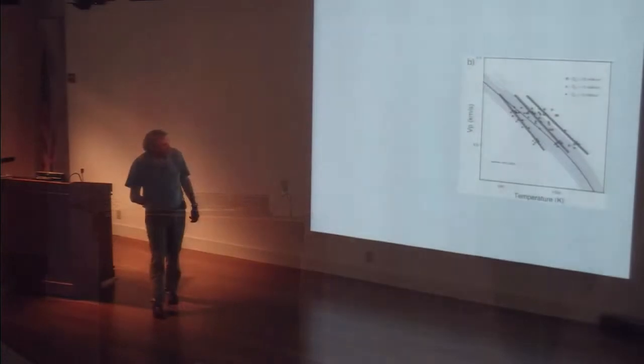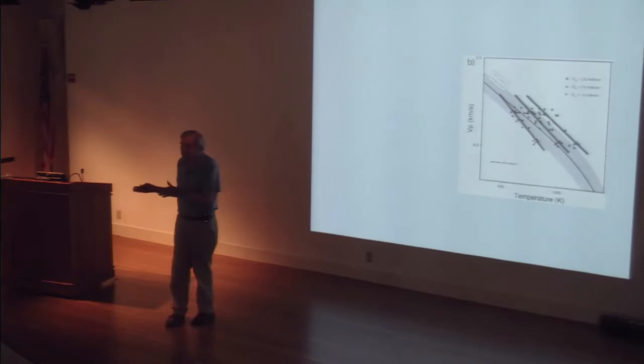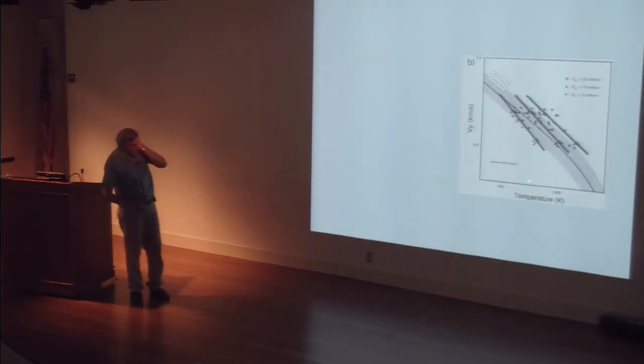Okay, so we can compare this now to a compositional model. If we take an off-craton model with the off-craton composition, which we took from Roberta, we have some variations in the elastic properties that we account for. That's the gray line. We've done this with Nikolai Shapiro.